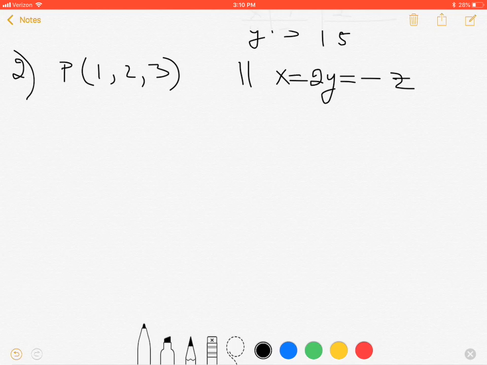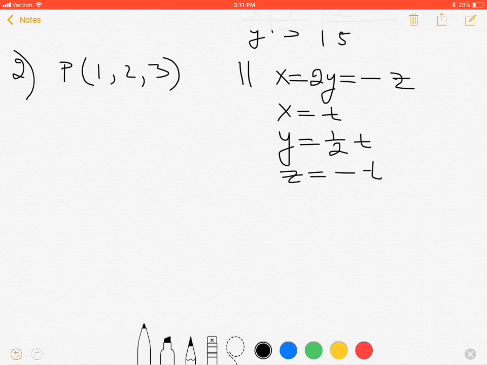First rewrite our line in parametric form. Let's go x equal t. It's simple in our situation. Then y will be 1/2 t because y equals 1/2 x, and z equals minus t because z and x are opposite. Here we have what you know about the direction vector.